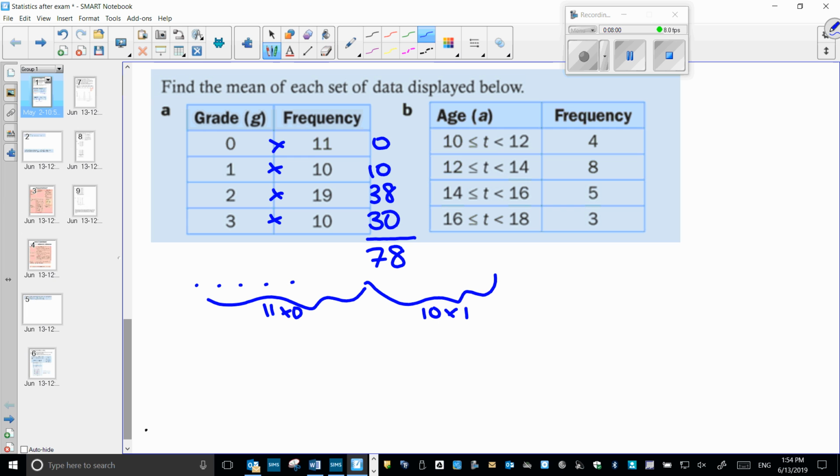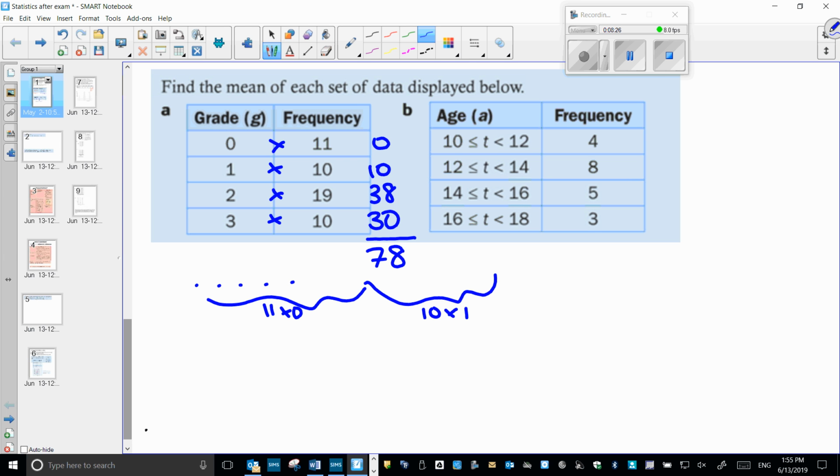Now, some people are saying divide by 3, some people are saying divide by 4, some people are saying divide by something else. Amelia, why did you tell me initially to do that one? Because it's the number of values.